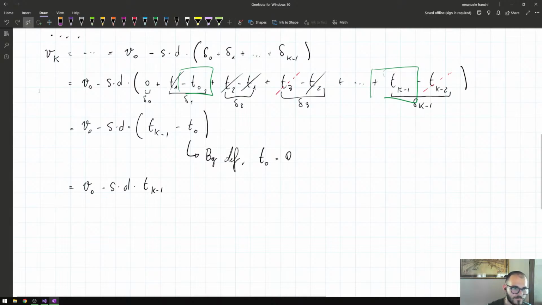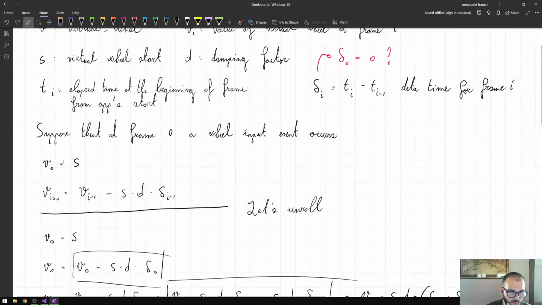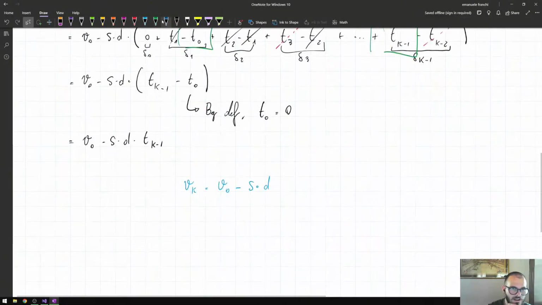We proved this thing right here, that Vk is V0 minus S times D times t, the starting value times the damping factor. And we know that V0 is S, so this is S minus S times D times t k minus 1.